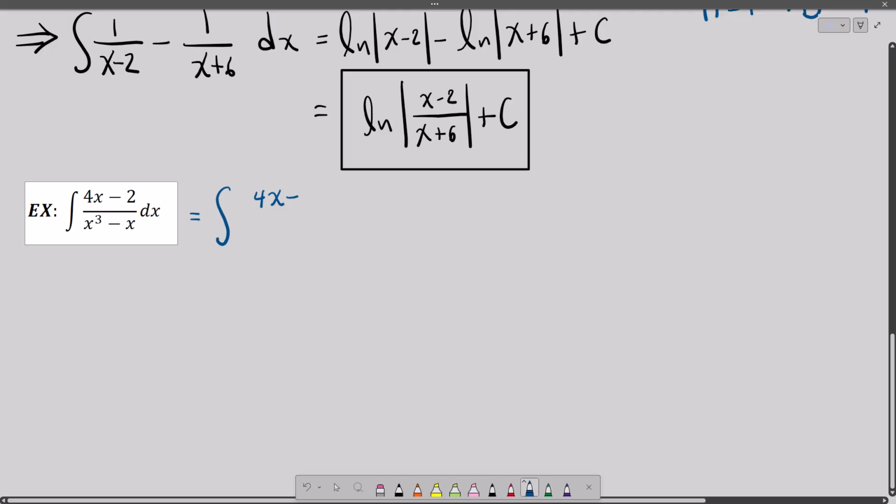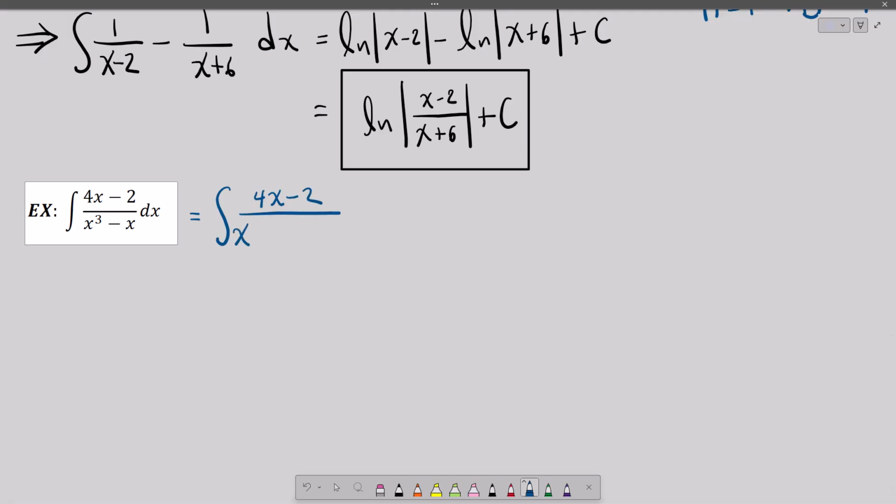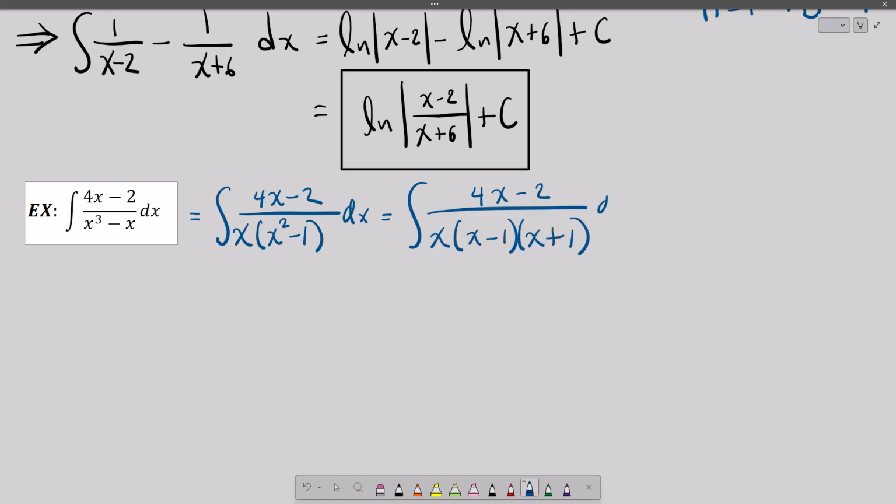So when we look here, this is going to factor, and we can factor it all the way down to factors. So how many partial fractions are we going to have? 3. We're going to have 3.